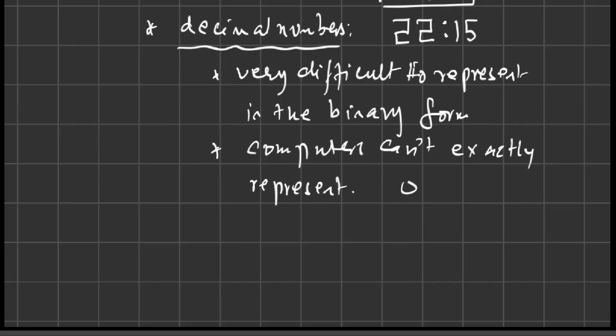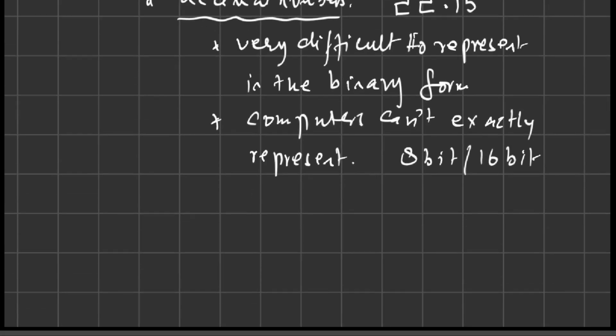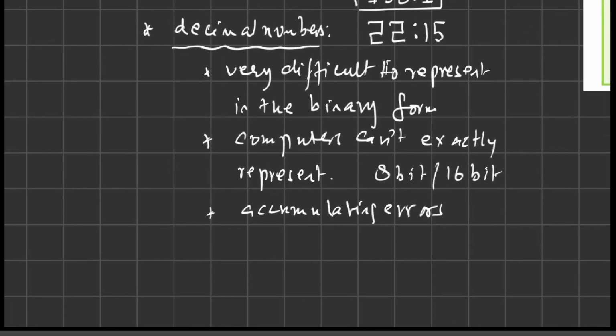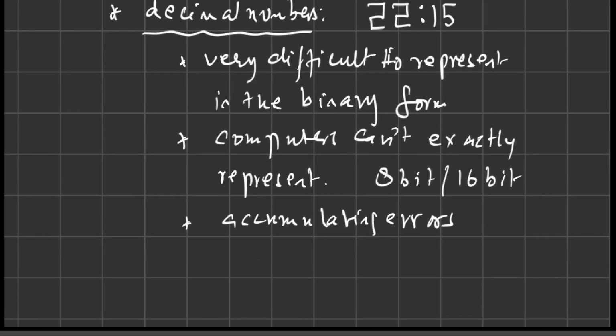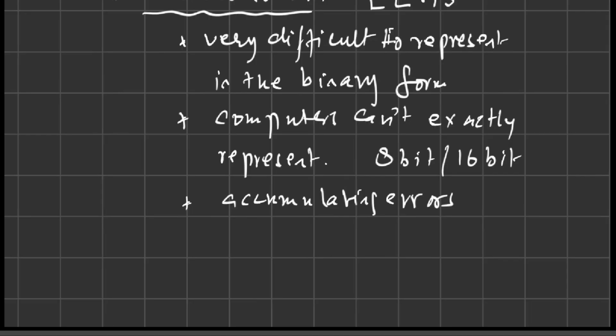We always have an 8-bit or 16-bit space in the memory, so it is very difficult to represent a very big number. And there are some accumulating errors that are initially negligible, but after a certain time, they become a big issue. These things you will be studying in your A2.